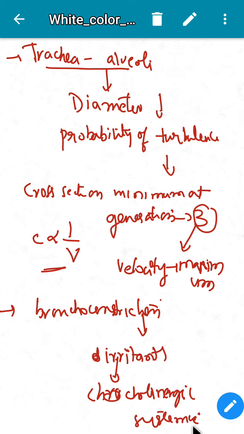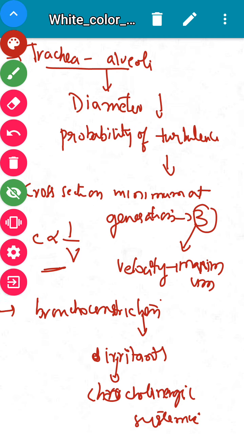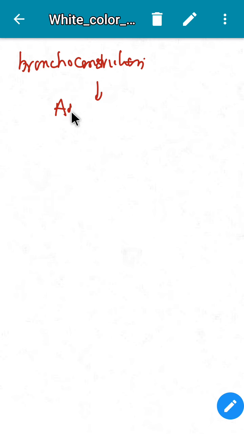Now, bronchodilation is due to adrenergic and non-adrenergic stimulation.